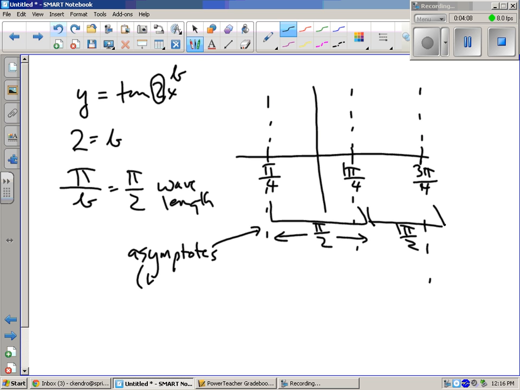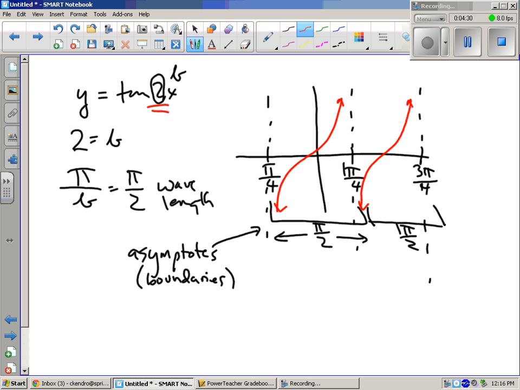Asymptotes are like the boundaries. You can't go over them. So the graph of tangent is going to look exactly the same. It's just that the labels we've corrected to accommodate this 2 here. So many of our graphs are going to look the same. It's just the labels that are going to be different.